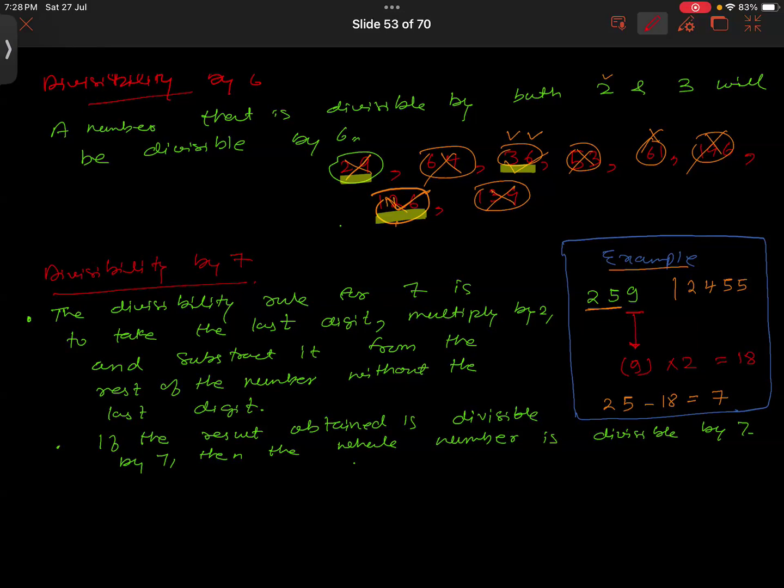Okay, done, Habib, you also? Meanwhile, Sumaya, you check whether this number 2455 is divisible by 7. You know the steps: take the last digit 5, multiply it by 2, and then subtract it from the remaining number. Very good. So do it.